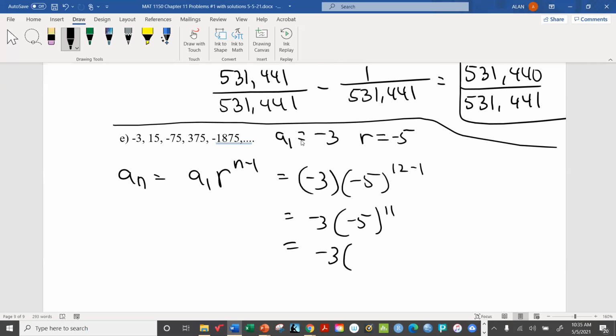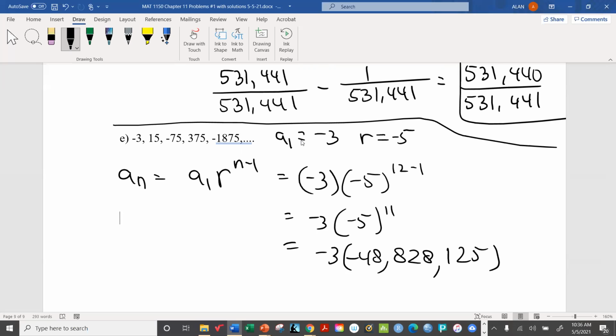All right. So you've got -3 multiplied by negative, wow, this is a big number. -48,828,125. And when you multiply that by -3, it's gigantic.